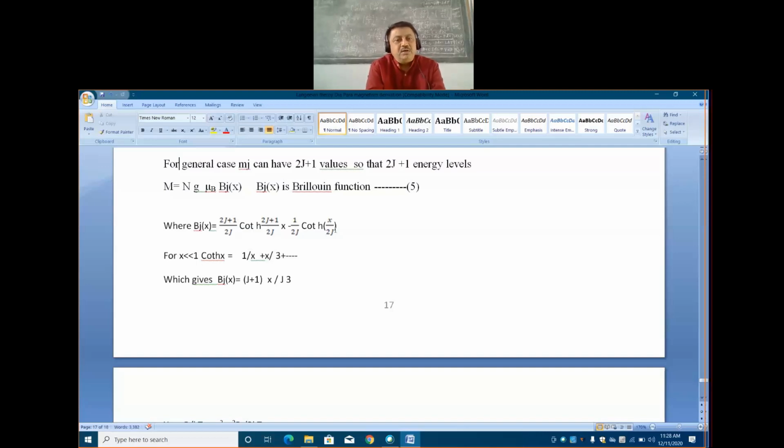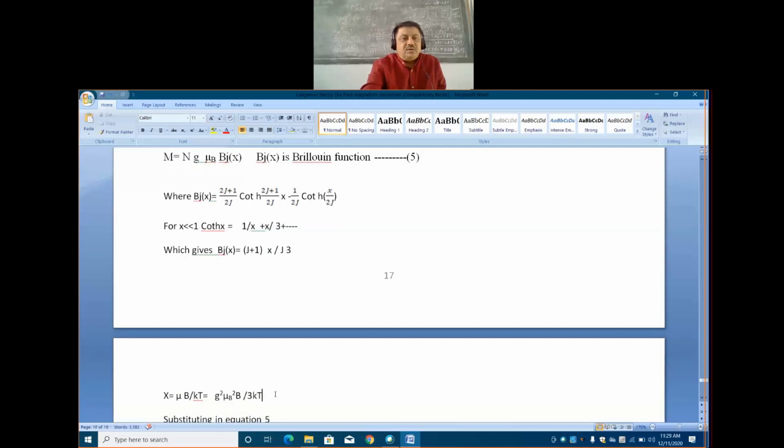We can simplify this by putting x very small, less than 1, then coth x can be 1 by x plus x by 3 plus further terms. So this gives B_J(x) equal to (j plus 1) into x divided by 3j.